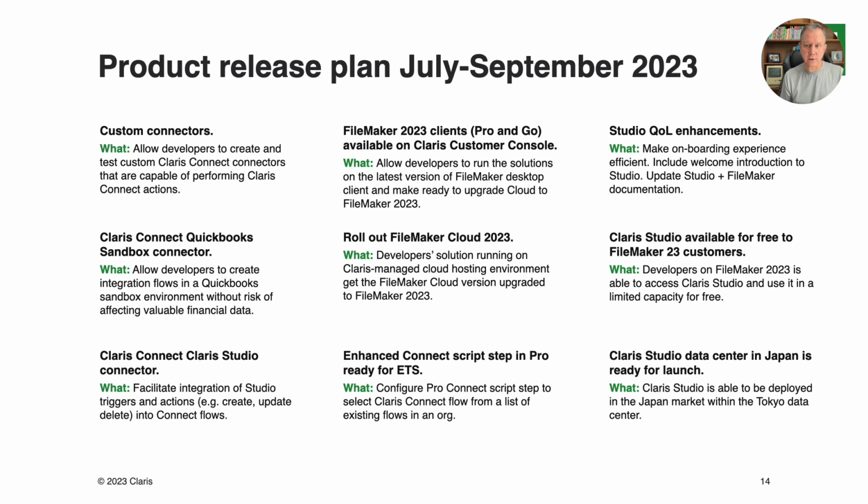Meanwhile, we continue to advance our portfolio of connectors. We recently launched the QuickBooks Sandbox connector and a Claris AI LLM connector. So if you want to experiment with that, you can. And we're going to have a Studio connector, right? We want our platform to be fully integrated, so you can integrate Studio with FileMaker or Studio with other things through Connect, even through to FileMaker through Connect, if you prefer to do that using the connector model.